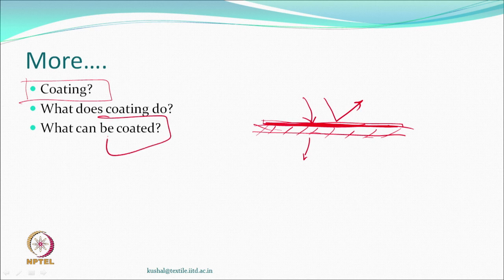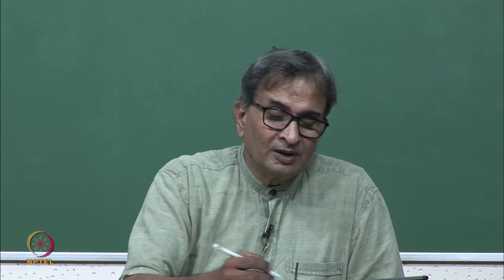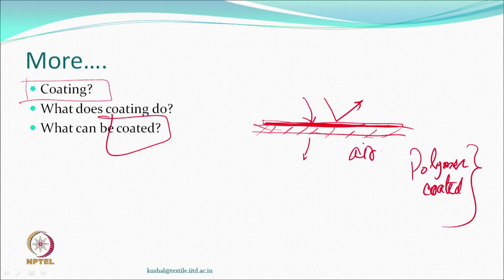What can be coated? Yeah, as I said, some polymers which are suitable polymers, they can be coated. What is expected of the polymer coating? That it would resist the penetration, that it would make a film over the surface. Okay. By doing this, obviously, it will be difficult for the air also to pass through, right. So, this is what we will do. And what is the role of a textile? Textile is a strong material.